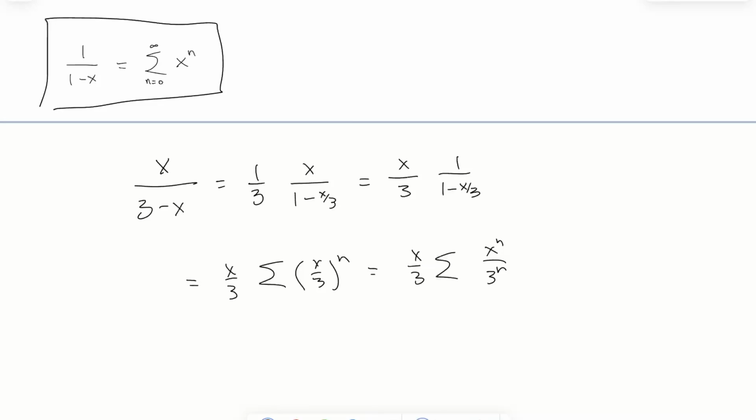So we put the 3 back in, and I get 3 to the n plus 1 on the bottom. And I put the x back in, and I get x to the n plus 1 at the top. All right, so this is the series. Really, the extra x up in the numerator is not a problem to deal with at all.